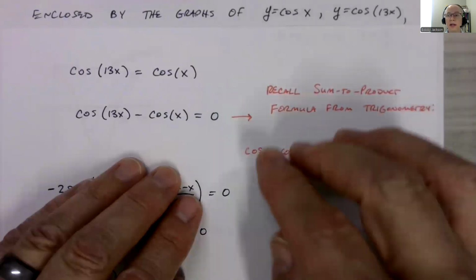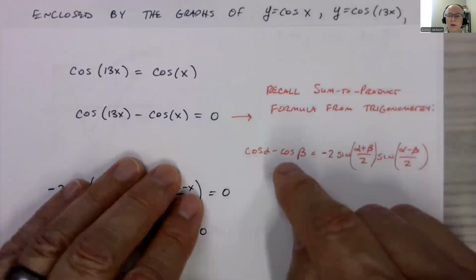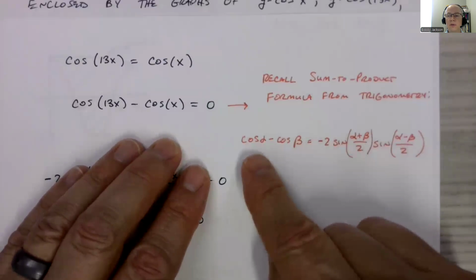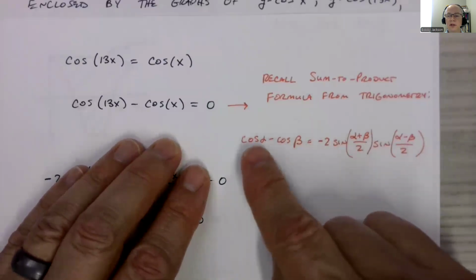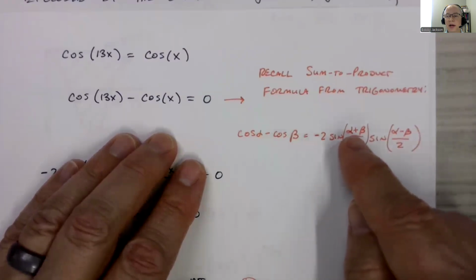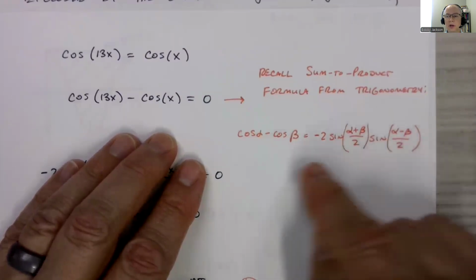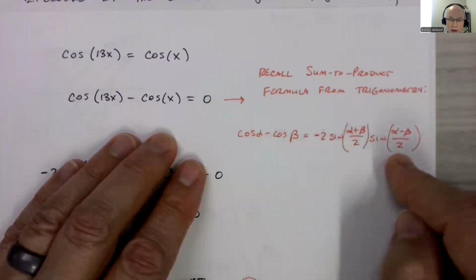You finally get to the product-to-sum and sum-to-product formulas. This is the one for the difference of two cosines. Cosine of alpha minus cosine of beta is -2 sine of (alpha plus beta)/2 times sine of (alpha minus beta)/2. I'm not going to derive that formula. You can go back to your trigonometry class to review that.